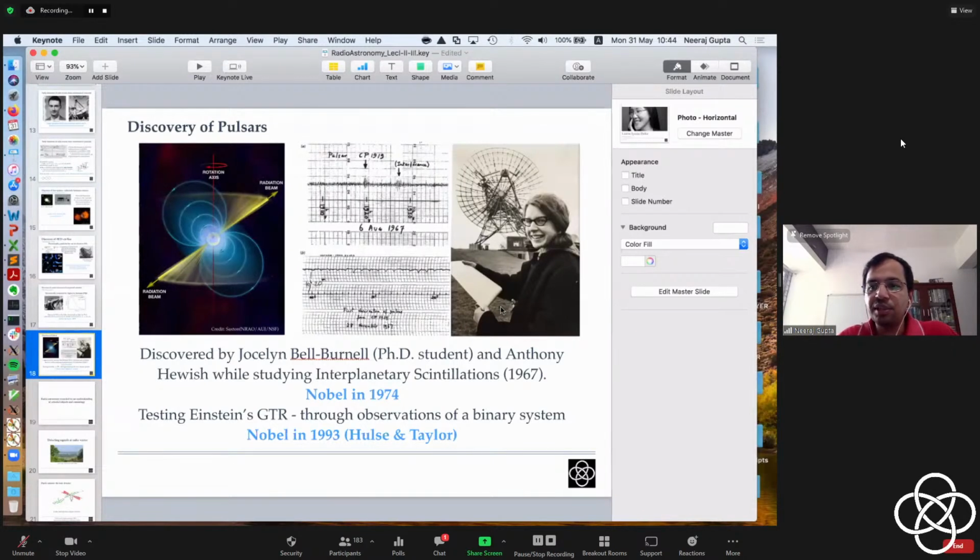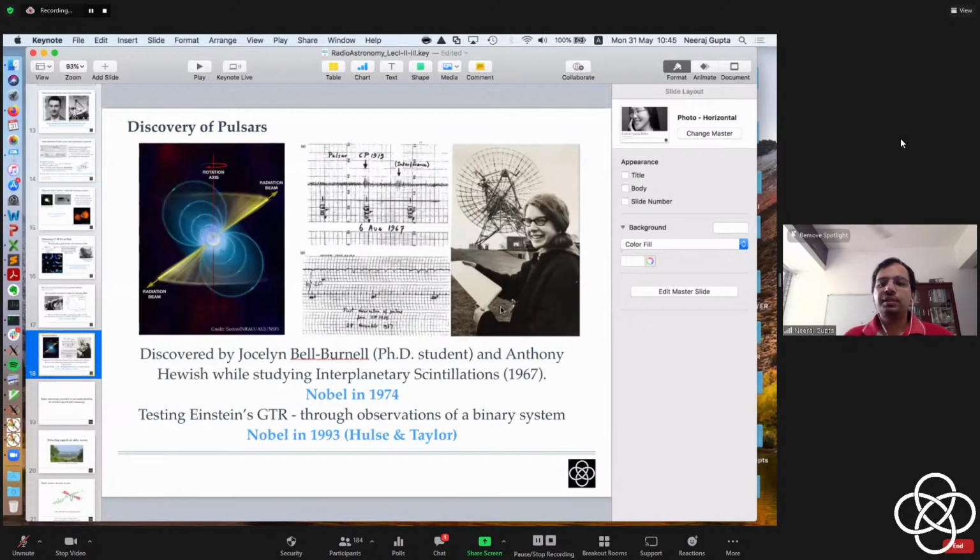That allowed some very precise tests of the general theory of relativity, because general relativity predicts that for a system in which a pulsar is going around a neutron star, it should emit strong gravitational radiation, because the orbit will continuously contract as it loses orbital energy, so the pulse timing will change. Observation of the pulsar soon confirmed this prediction. So this provided the first ever evidence of the existence of gravitational waves, right?